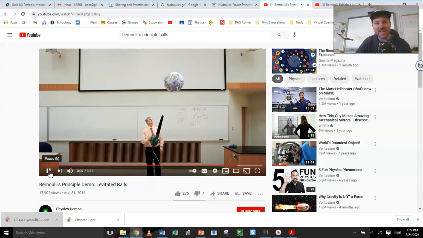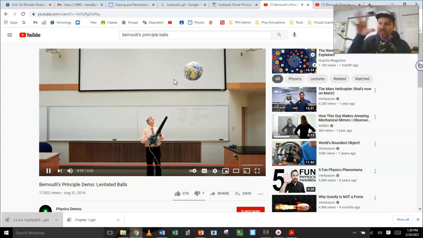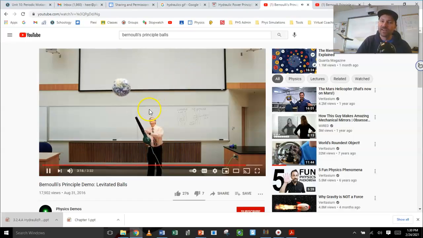You can even tip it to the side, because if the ball starts going off, the air moves faster on that side, which creates a low pressure, and it gets sucked back in. The high pressure on the other side pushes it back. It will stay stuck there, wobbling back and forth because of the Bernoulli effect. It wants to fall, but the air on top goes faster, which creates a lower pressure, and the higher pressure pushes it back over the center.